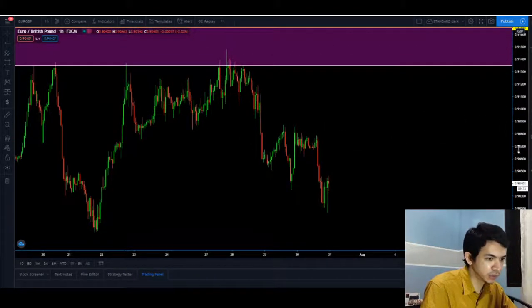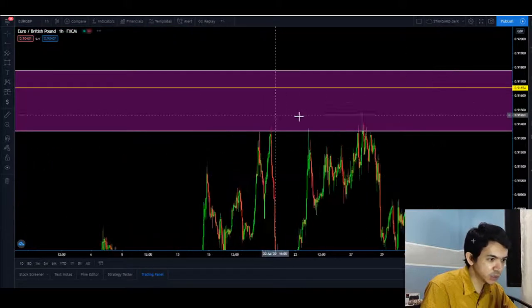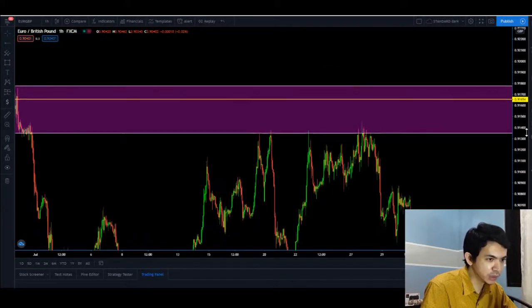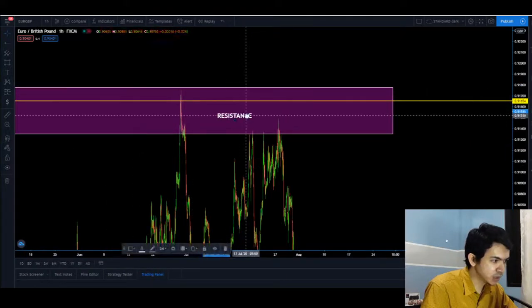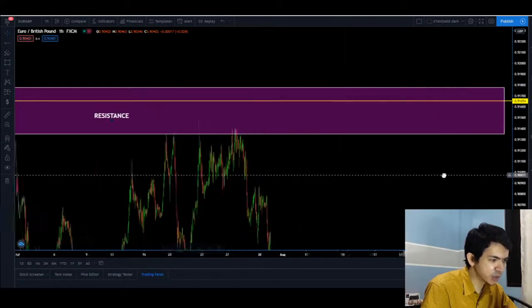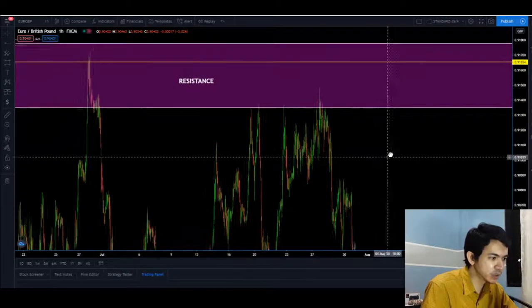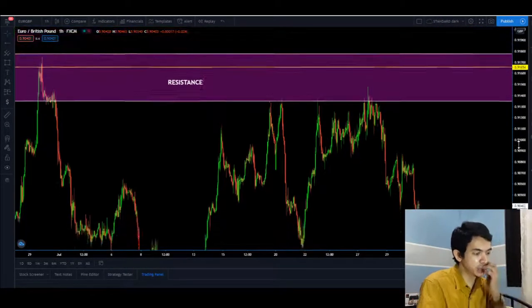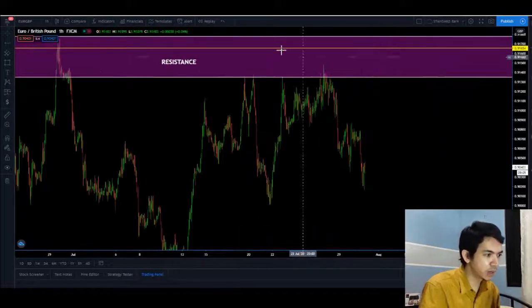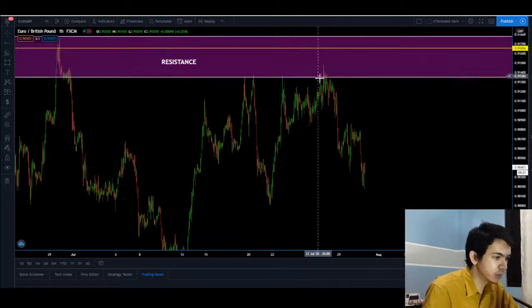During that, we all know that this violet or purple level is our key significant resistance. Definitely when we are at a resistance level or zone, the higher the time frame, the more significant it will be. So I know I was at the resistance level back then.